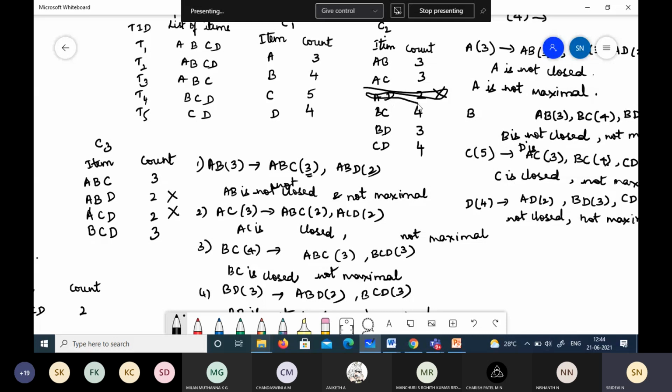The second, ABD, is formed from AB and BD. Then ACD is formed out of AC and CD. And then we had BCD from these two, a combination of these two. Fine. So I have not considered AD.